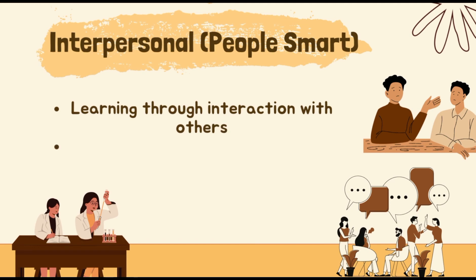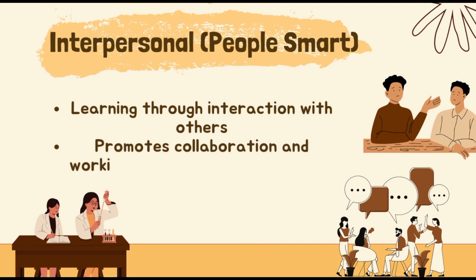The seventh one is the interpersonal intelligence or people smart. People who excel in this intelligence learn through interaction with others, meaning they learn through socializing with other people. They are very sensitive to other people's moods, feelings, temperaments, and motivations.